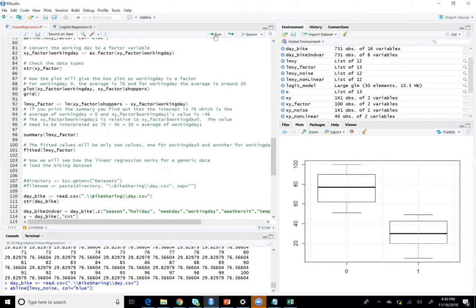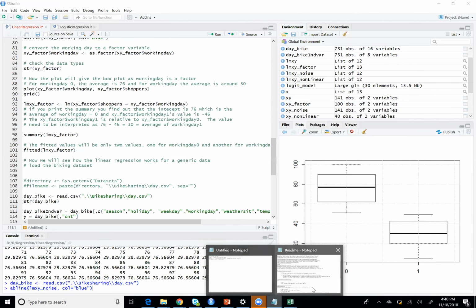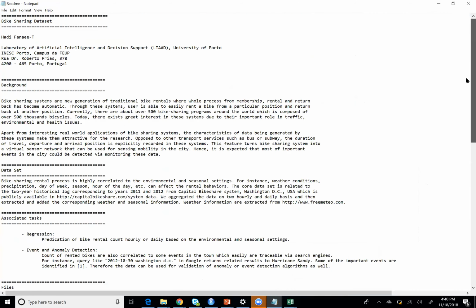Since this is done, now let us look at our biking data. As I was telling before, if you read the README file for the biking data set, it's published in a paper, and it's from the government of New York, where they were trying to promote people to use bike rentals instead of using cars.